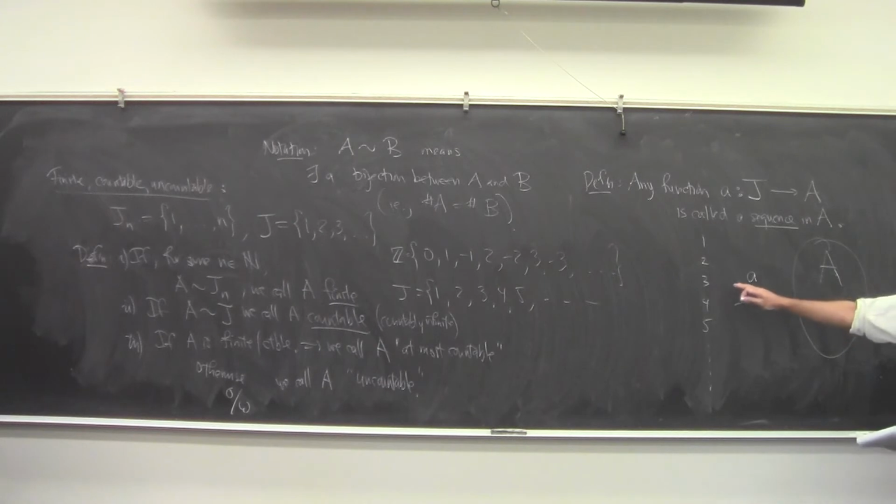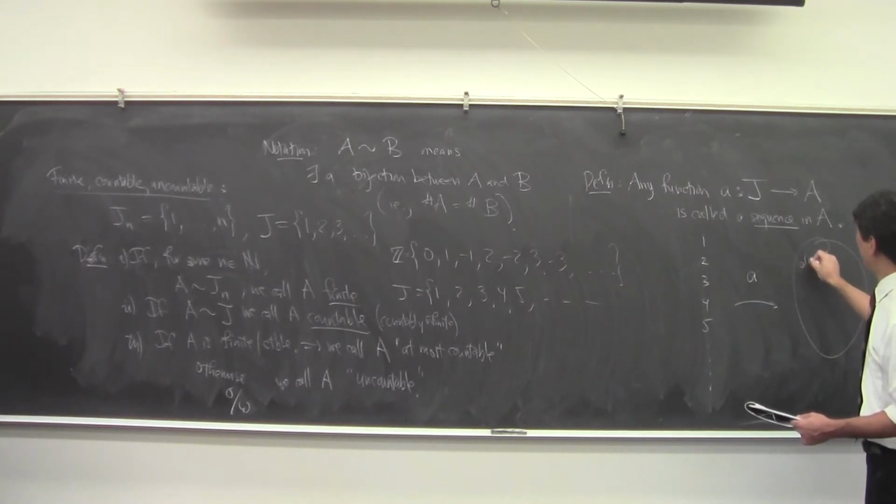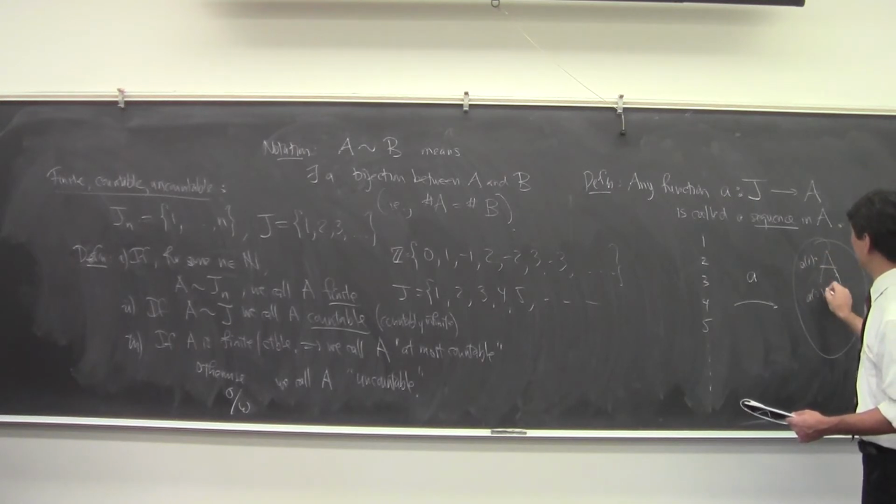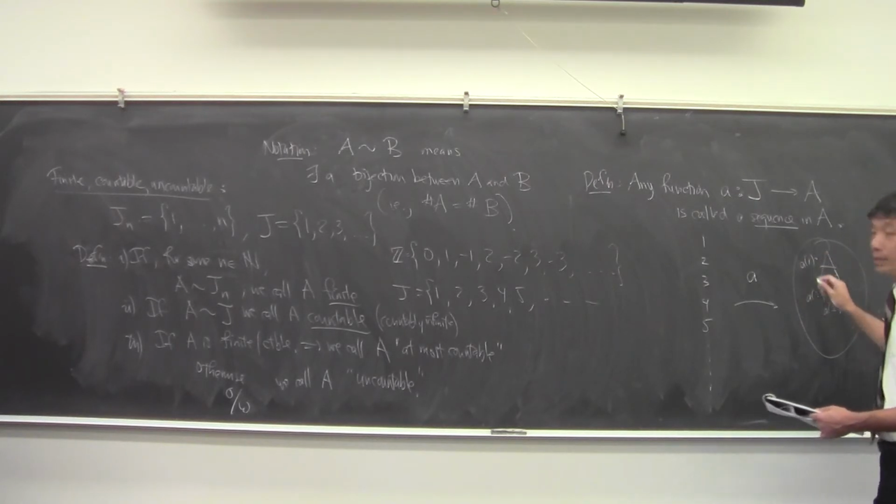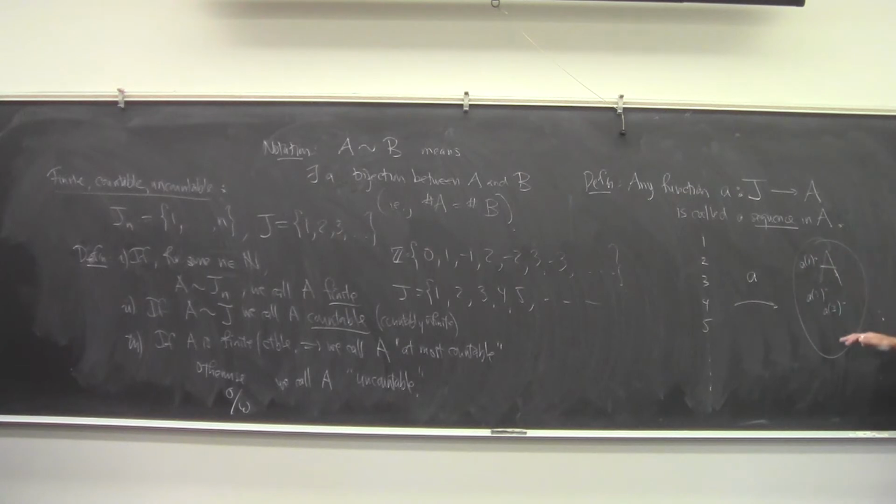So you've got A of 1, A of 2, A of 3, et cetera. So you've got this infinite sequence of points. So this kind of function is called a sequence.